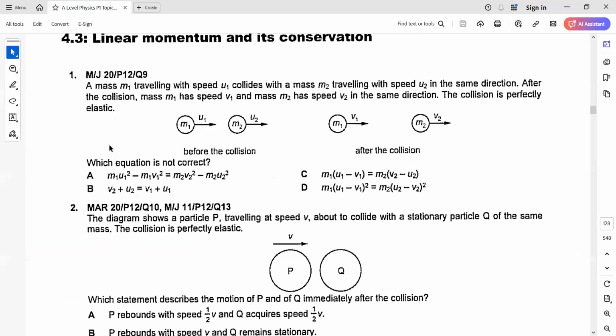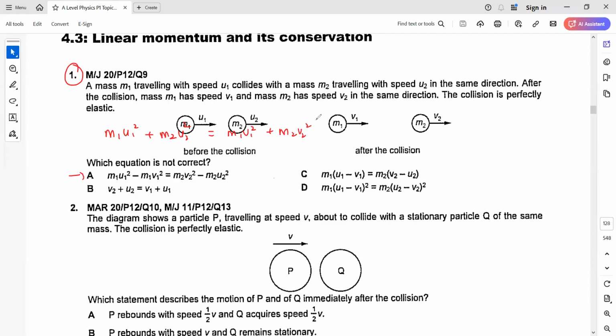So 4.3. First you guys can read this question. It says, which equation is not correct? Let's see what's happening in A. A represents kinetic energy. So kinetic energy would be m1 u1 squared plus m2 u2 squared equals m1 v1 squared plus m2 v2 squared.